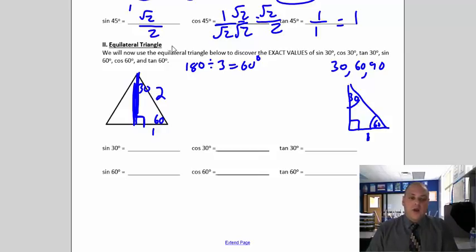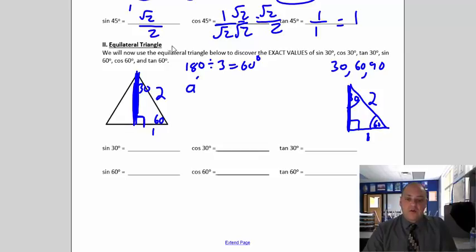This length is going to be 1 because it's half of the base. This length is 2 because it's the full length of the equilateral triangle. And I need to know what the height is. What's the altitude of my equilateral triangle? Again, Pythagorean Theorem, but c is the 2.